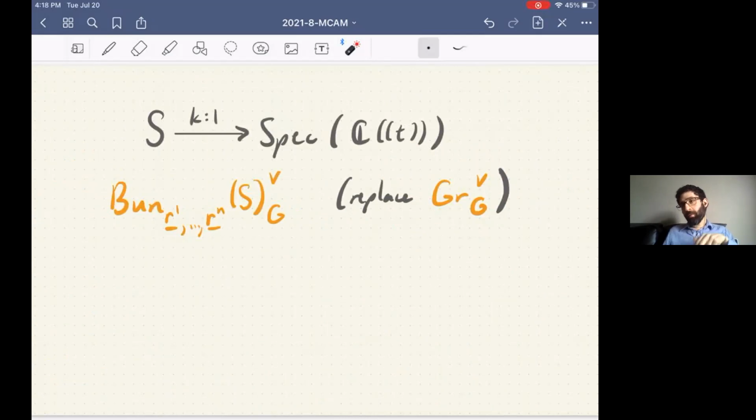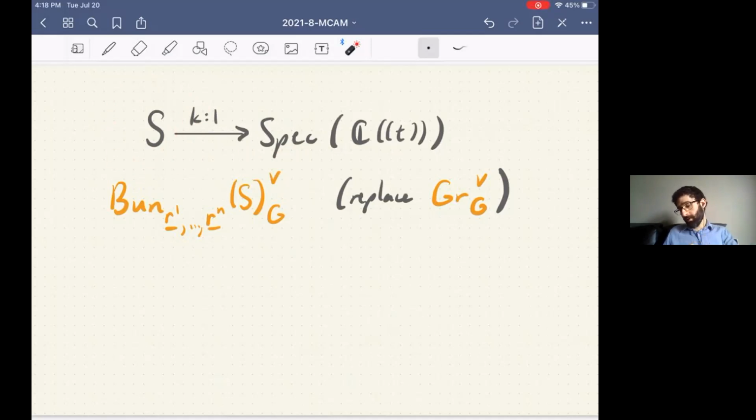Okay. So what this is suggesting is that for this case of loops, what one wants to do is consider a moduli space of V-framed G bundles, not on the punctured disk, but on some K-to-1 cover of the punctured disk, where this K is tuned so that in a formal arithmetic sense this has genus g.